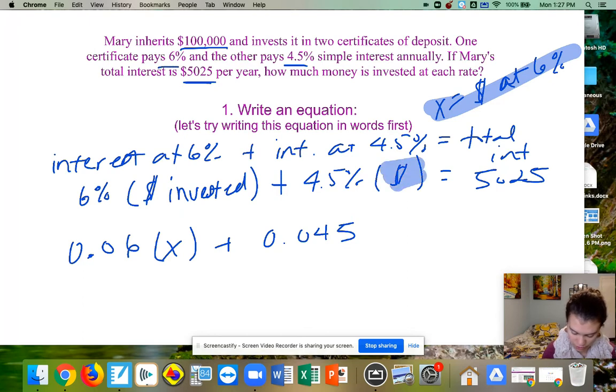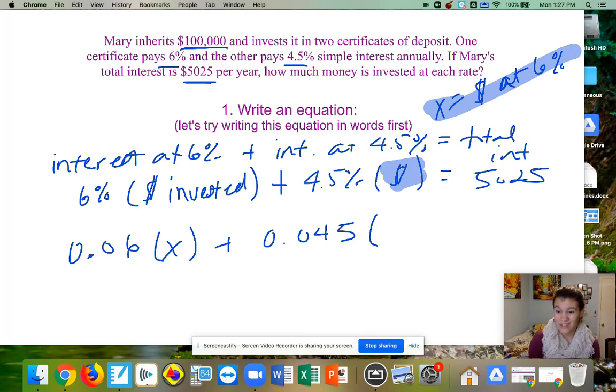And now we need to figure out what goes right here. So we know we invested X amount into 6%, but then how much did we invest into the other one? How do you figure that out? We need this something in terms of X. We can't just call this Y because then there's 2 variables and that doesn't work very well. But if we think about this in real life, say she invested 50,000 in X at the 6%.